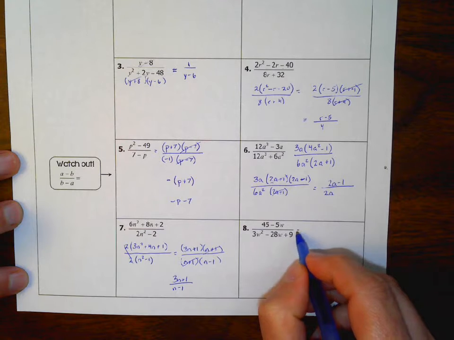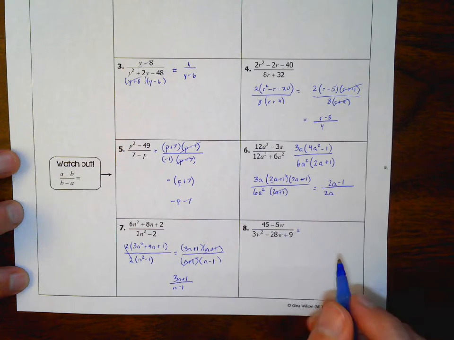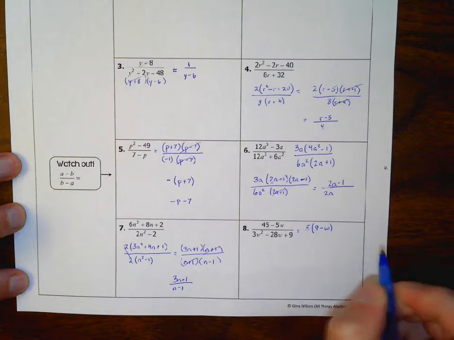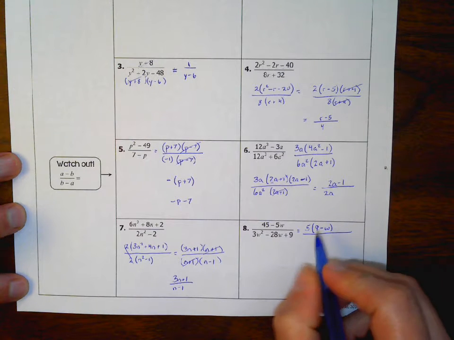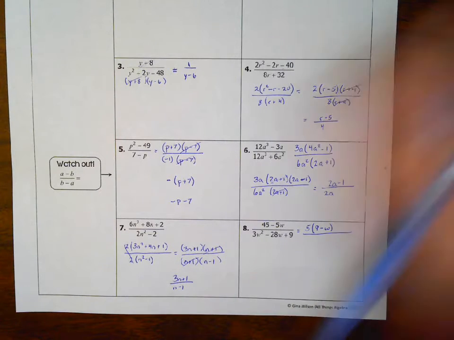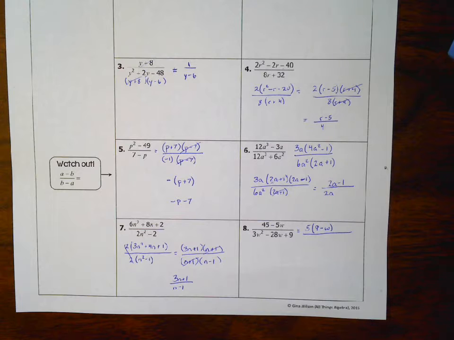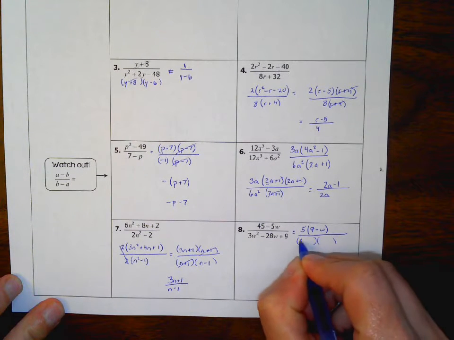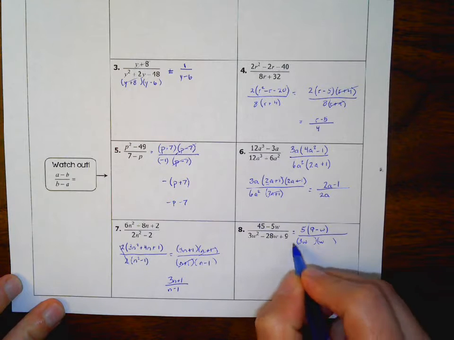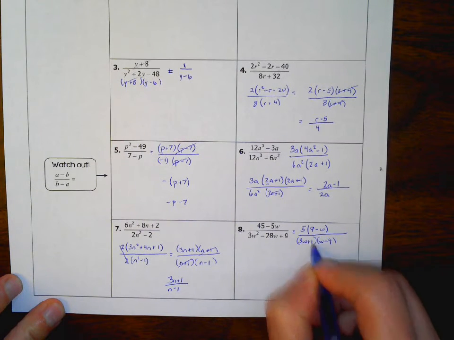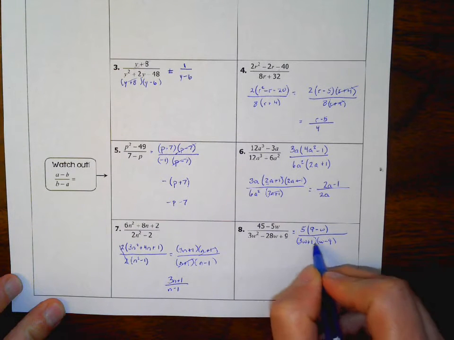Okay, so this one here, the top you can take out a 5. Okay, on the bottom, okay, this one here, I have 3w and w, and minus 9 and plus 1 gives me negative 8 there too.